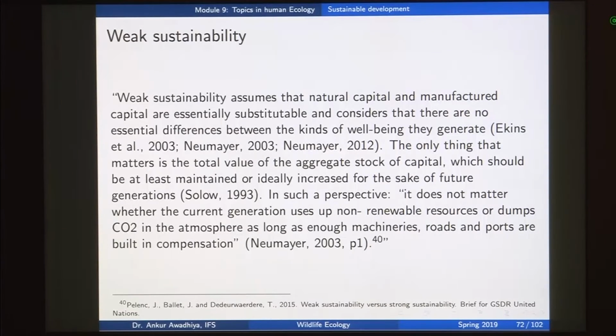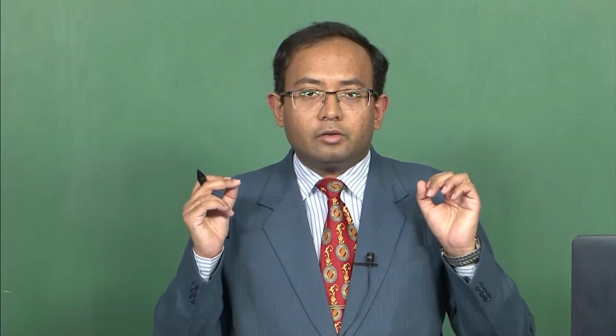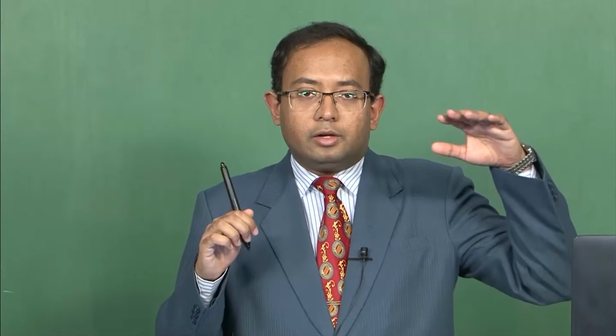So, when we are talking about weak sustainability, it says that even if you are dumping into the environment, even if you are releasing waste into the environment, if you are able to get some products out of it, you are reducing your natural capital, but you are able to increase your manufactured capital.